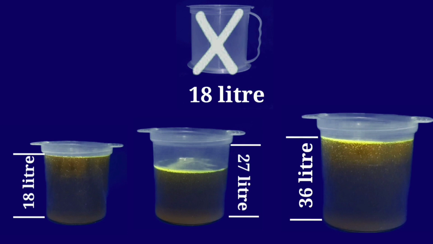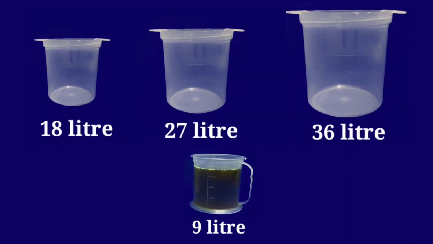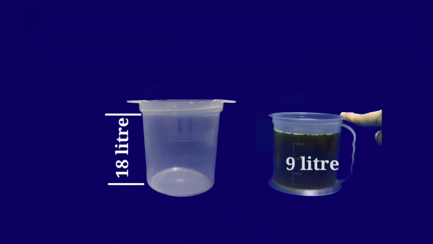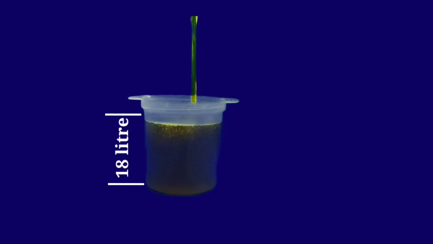Now students, we'll look for the second largest factor of 18, that is the number 9. Now we shall try to measure the oil of three containers with 9 liter measuring vessel. And with this measuring vessel, we can measure the oil of 18 liter container in 1 and 2 turns completely.